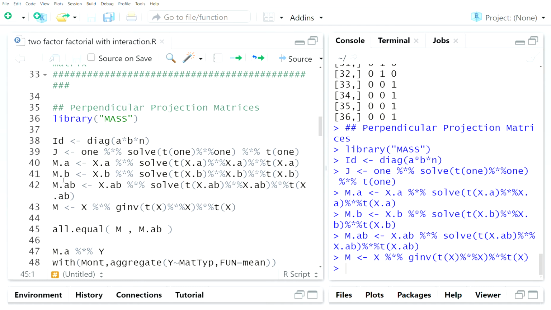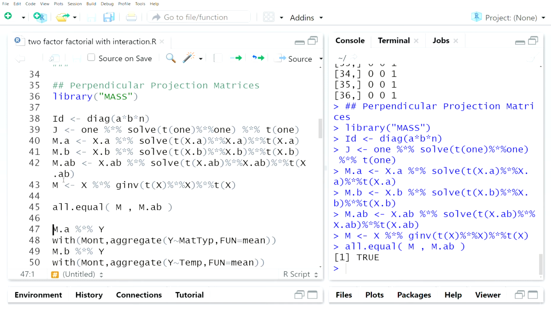They create perpendicular projection matrices onto those subspaces of the column space. And in this design, M and M dot AB are the same. They project onto the same column space. And if we test that, it comes back true.